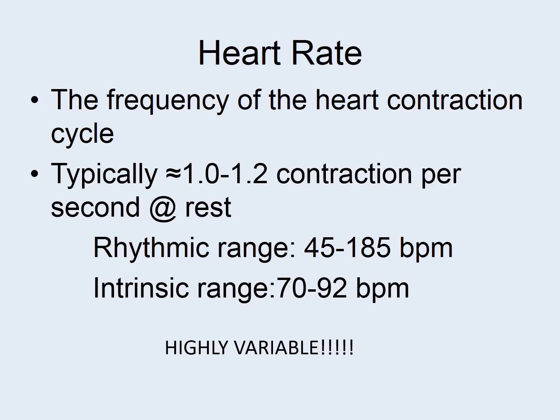The rhythmic range will be the overall determinant of heart health, if you want to look at it that way, based off of the Frank-Starling principle, which we'll talk about in a little bit.